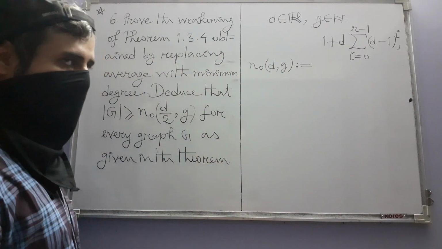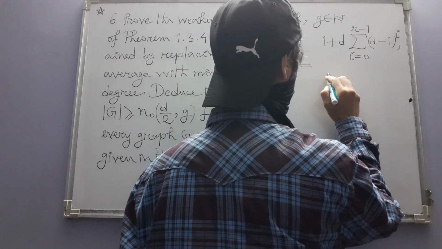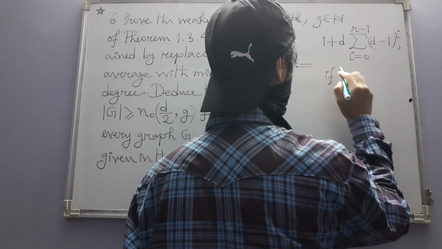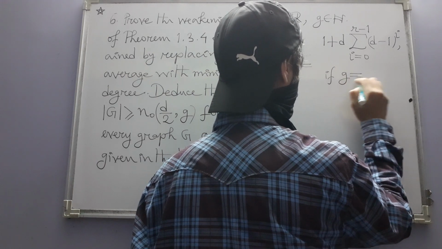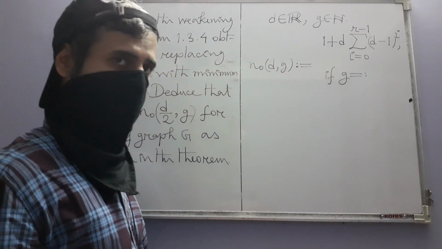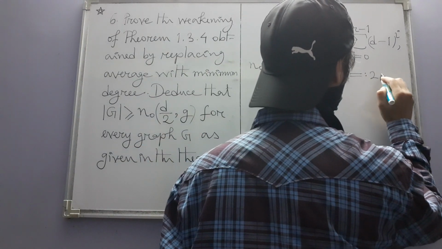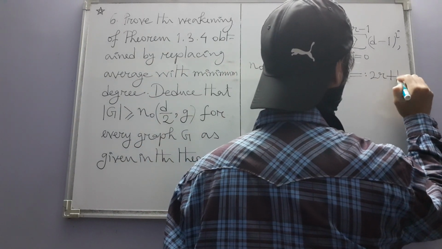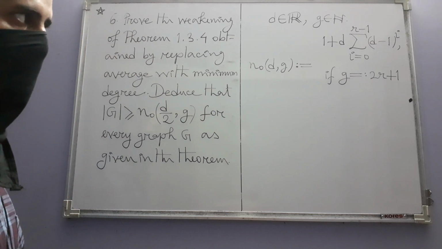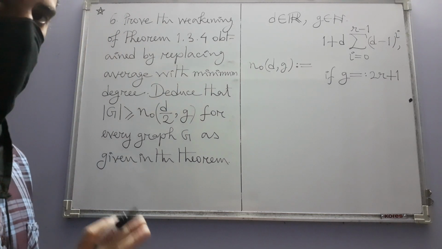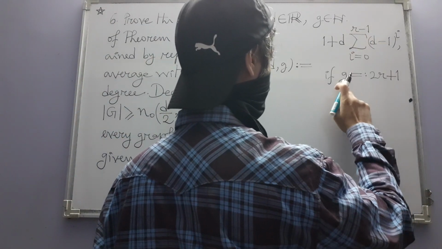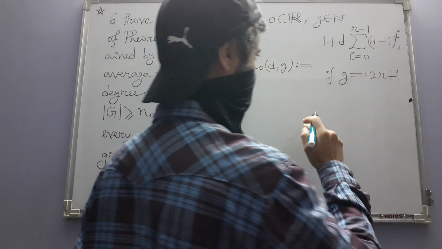Where we will say what R is if our G turns out to be an odd natural number, and as such it's of the form 2R plus 1 for some non-negative integer, that means again for some natural number R. So this R that you see here is actually nothing but G minus 1 over 2.